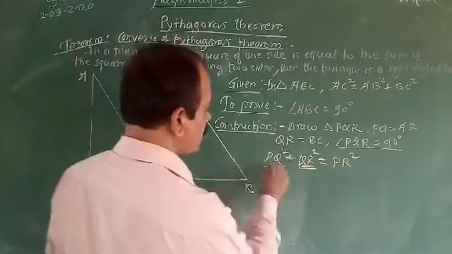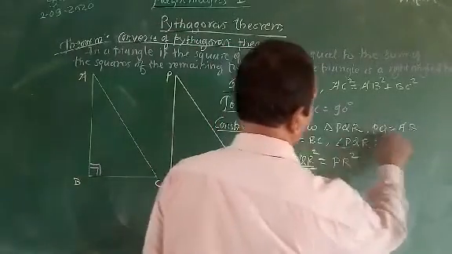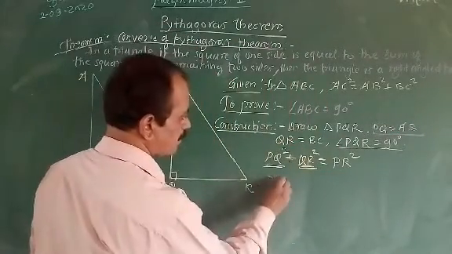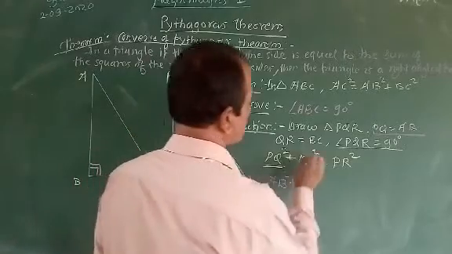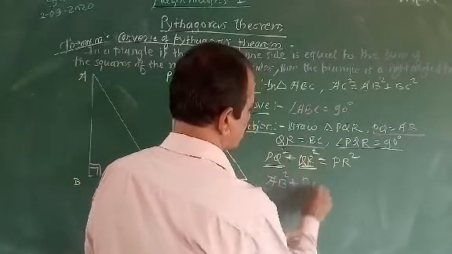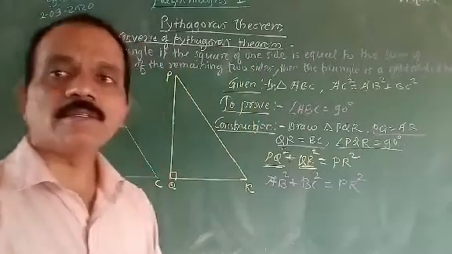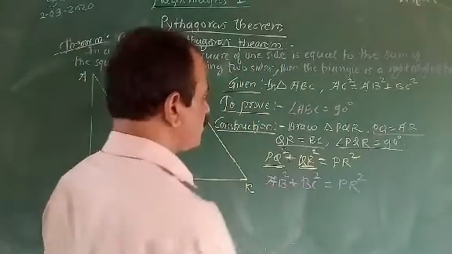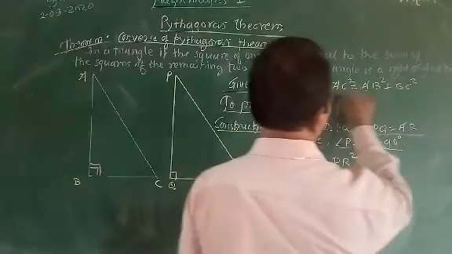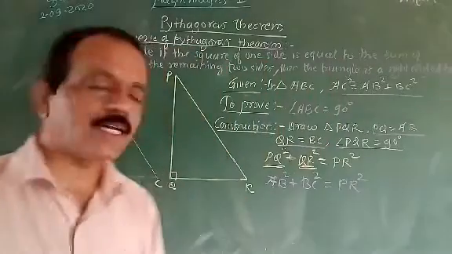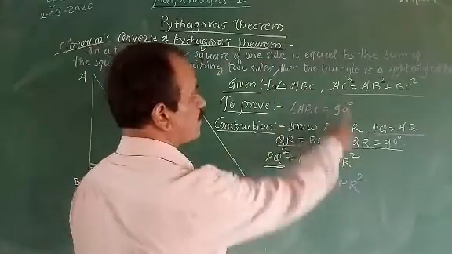Now substitute the values. PQ is equal to AB, so AB square, plus QR is nothing but BC, BC square, is equal to PR square. But AB square plus BC square is given as equal to AC square.